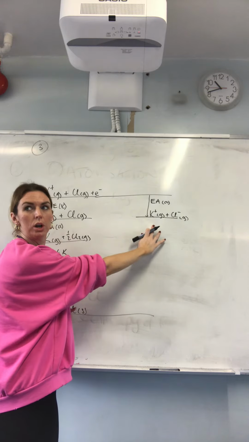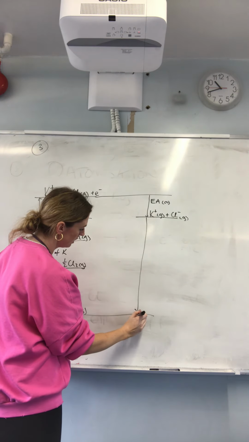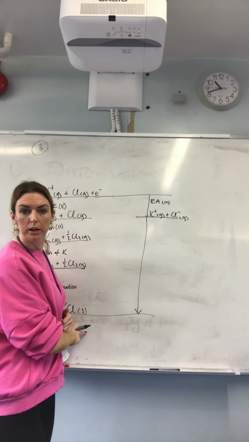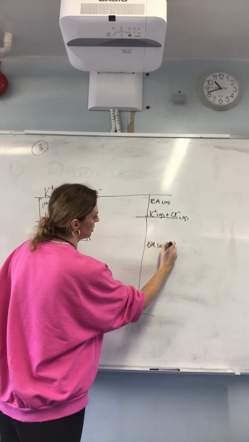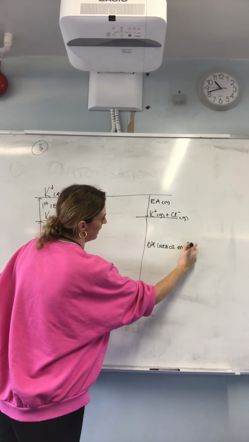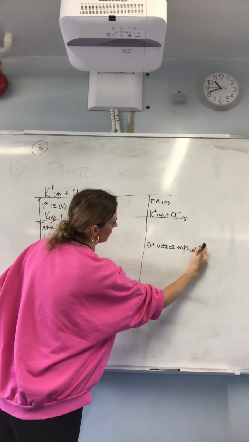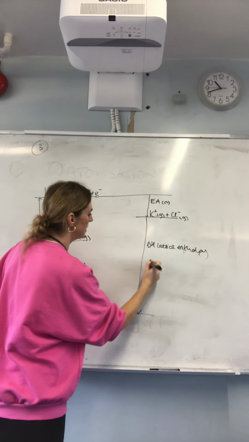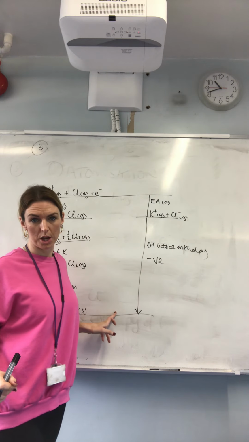Finally, we have got our gaseous ions. They are ready to combine and produce our ionic compound, and that is the enthalpy change, that is the lattice enthalpy, sorry. And as you can see, that is also an exothermic process, and that is a highly exothermic process.